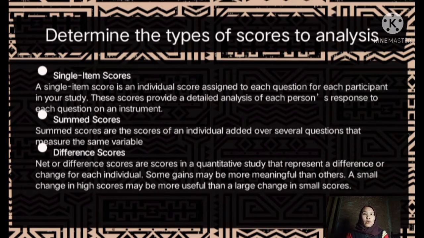Sum scores are the scores of an individual added over several questions that measure the same variable. Difference scores are scores in a quantitative study that represent a difference or change for each individual. Some gains might be more meaningful than others. A small change in high scores might be more useful than a large change in small scores.